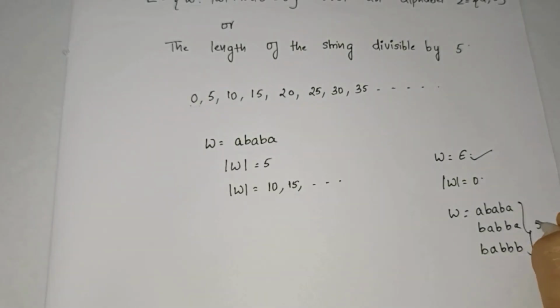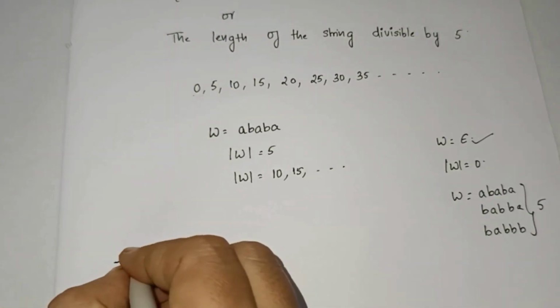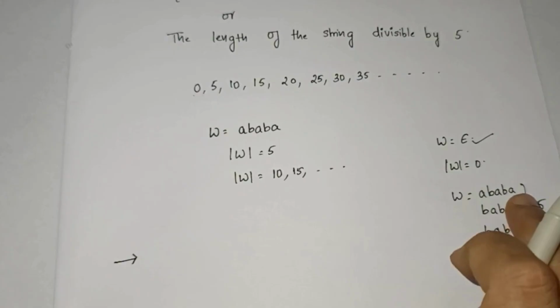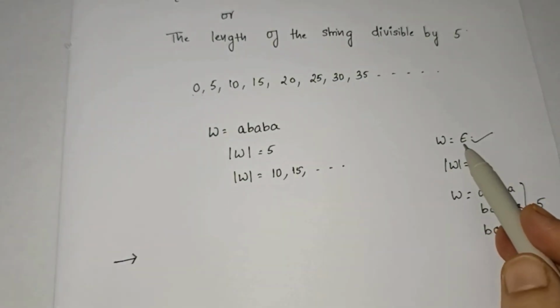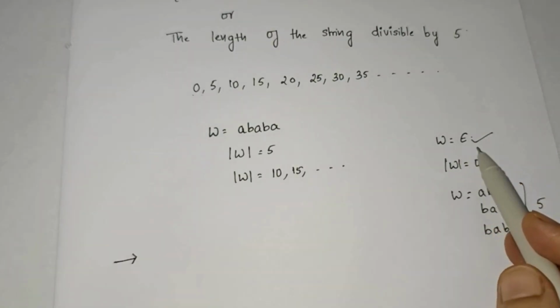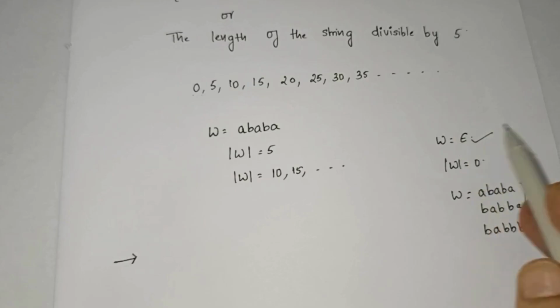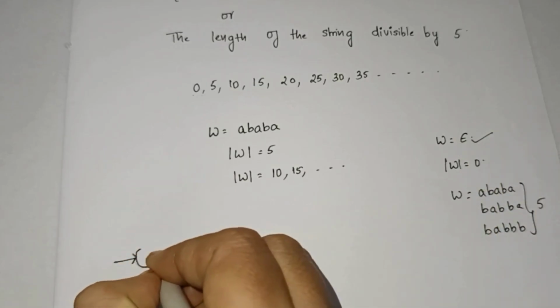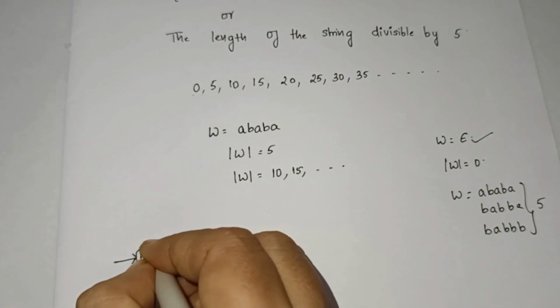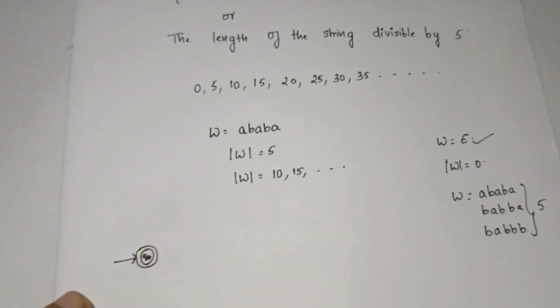So totally the length should be 5. As I have already told you, if you are going to draw epsilon for this, the initial state itself is a final state. Hence the initial state becomes the final state, which means epsilon is accepted.